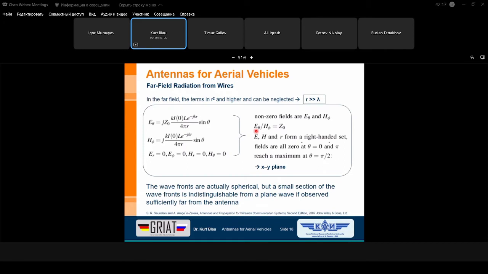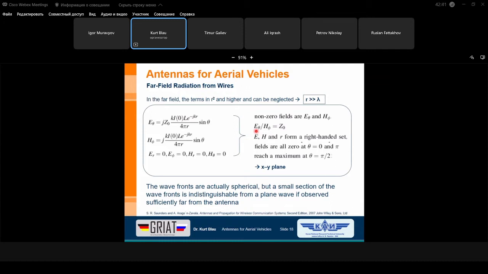The wavefronts are actually spherical, but a small section of the wavefronts is indistinguishable from a plane wave. If we observe the radiation of the antenna sufficiently far from the antenna, it's clear.